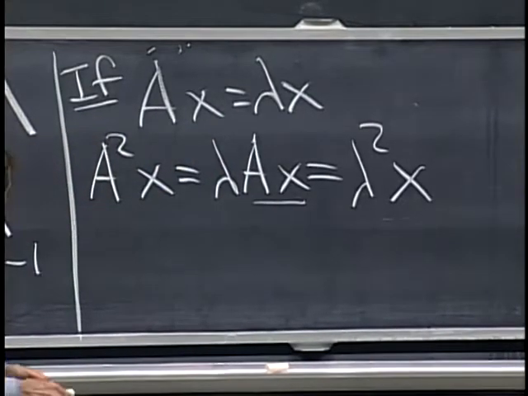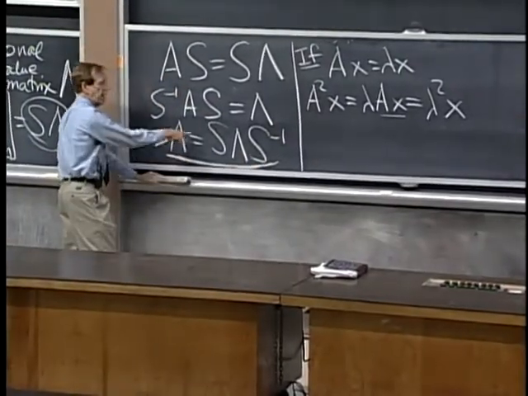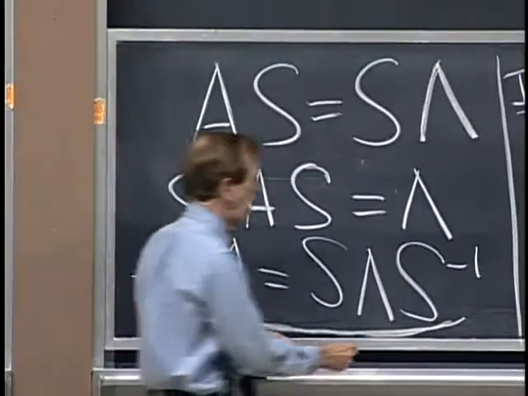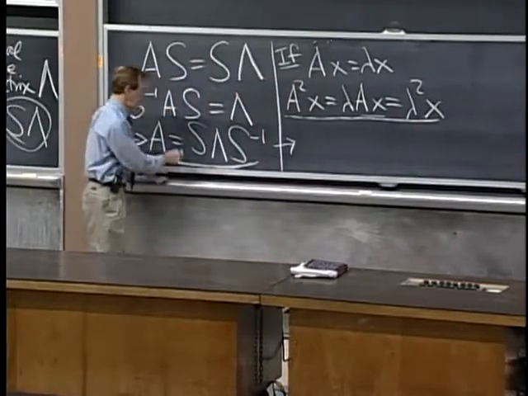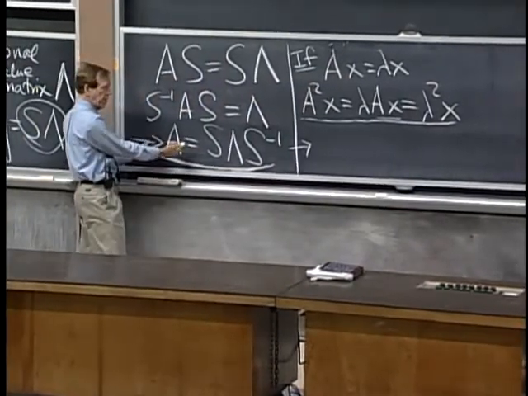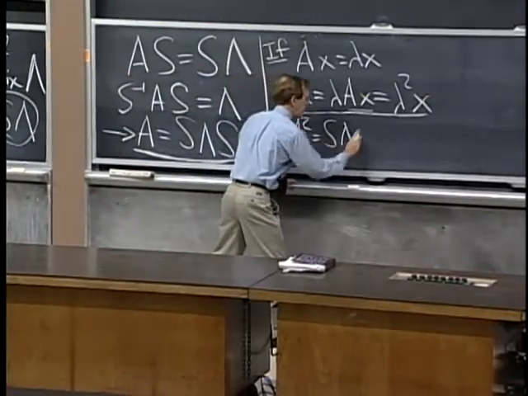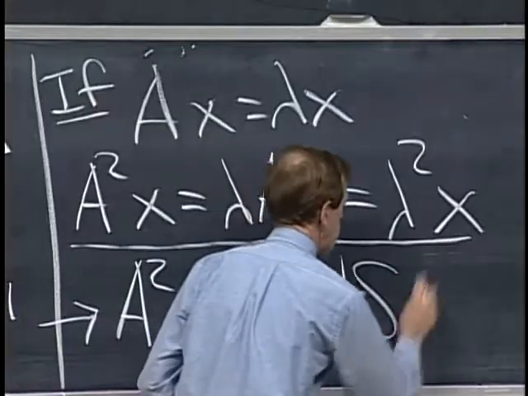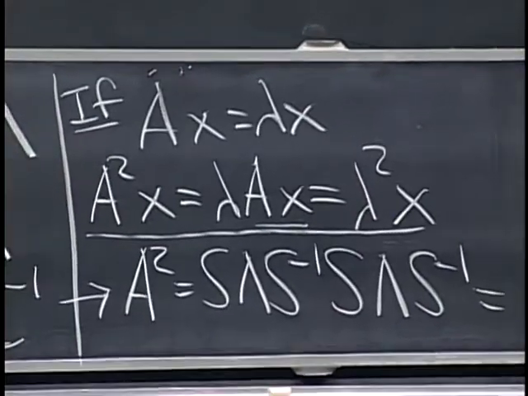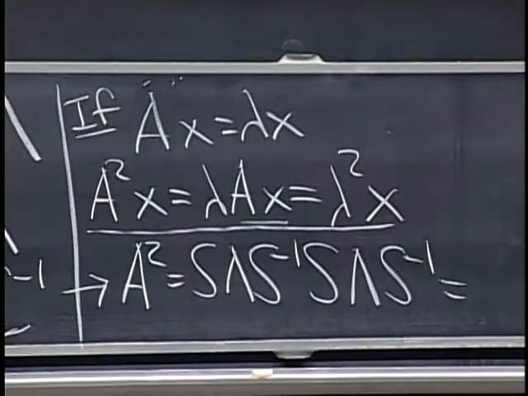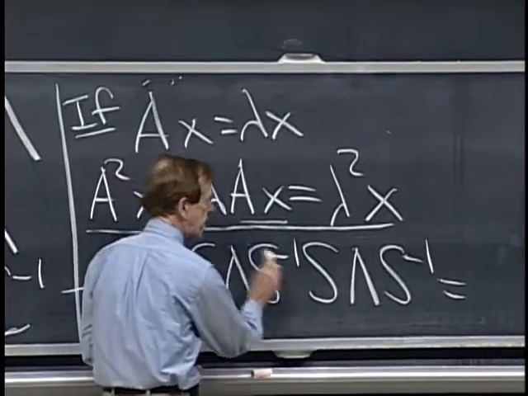Now, let me see that also from this formula. How can I see what A squared is looking like from this formula? That was one way to do it. Let me do it by just taking A squared from that. A squared is S lambda S inverse, that's A, times S lambda S inverse, that's A. This is the beauty of eigenvalues and eigenvectors: having that S inverse and S is the identity.